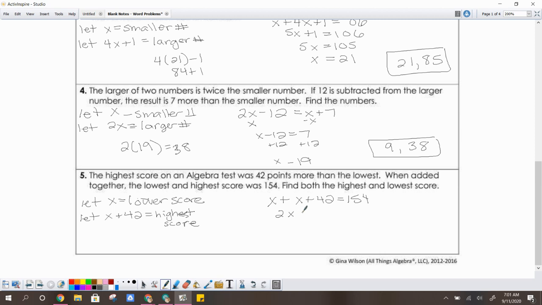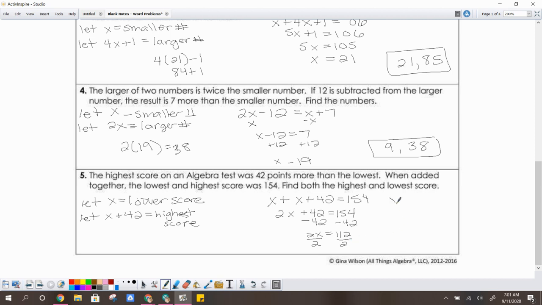So I have 2x plus 42 equals 154. And then we can solve our two-step equation. So 154 minus 42, that'll give me 112. And divide both parts by 2.